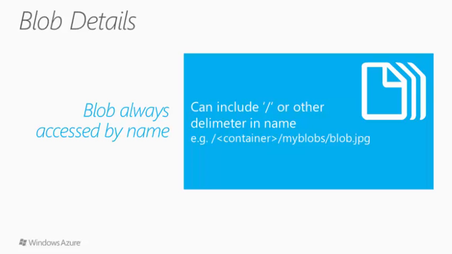In this scenario, our container name will be something like images, and our blob name will be my blobs/blob.jpg. So this slash is also a part of our blob name.